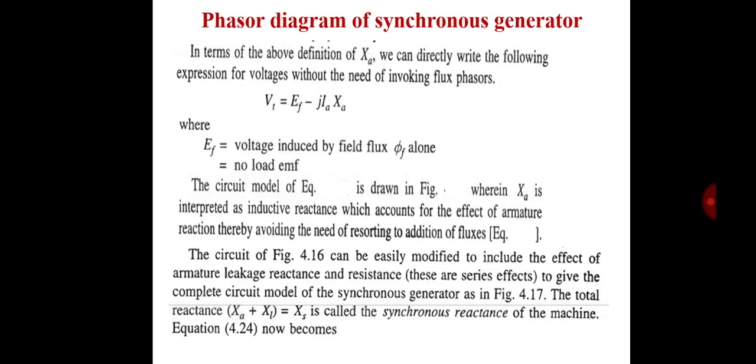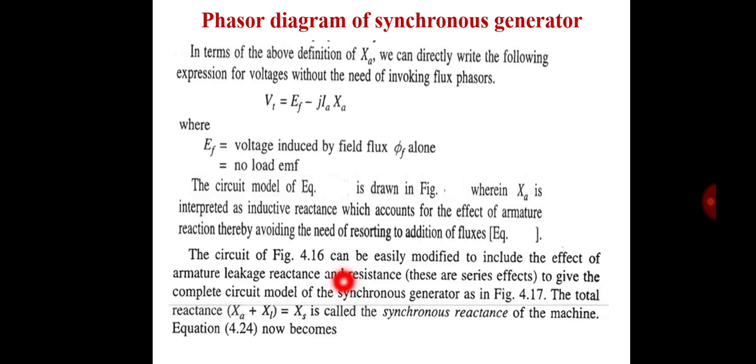Now the circuit can be easily modified to include the effect of armature leakage reactance and resistance, to give the complete circuit model of the synchronous generator. The total reactance is XA plus XL, armature reactance and leakage reactance.